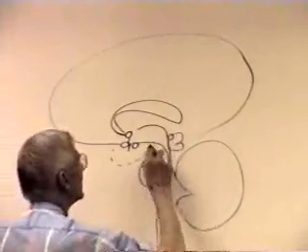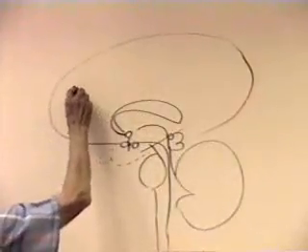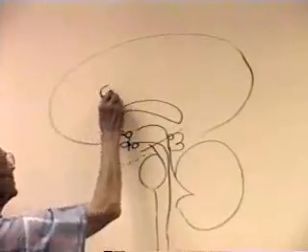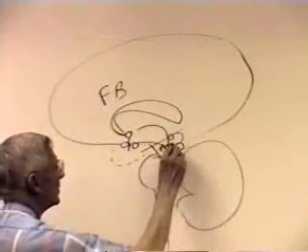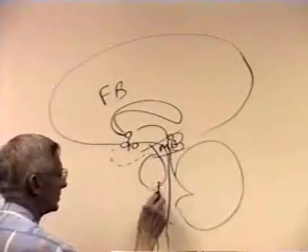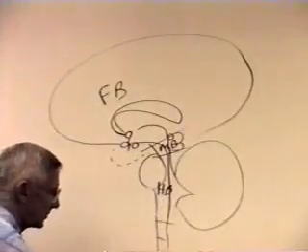So, here we have forebrain, midbrain, hindbrain, spinal cord segments.